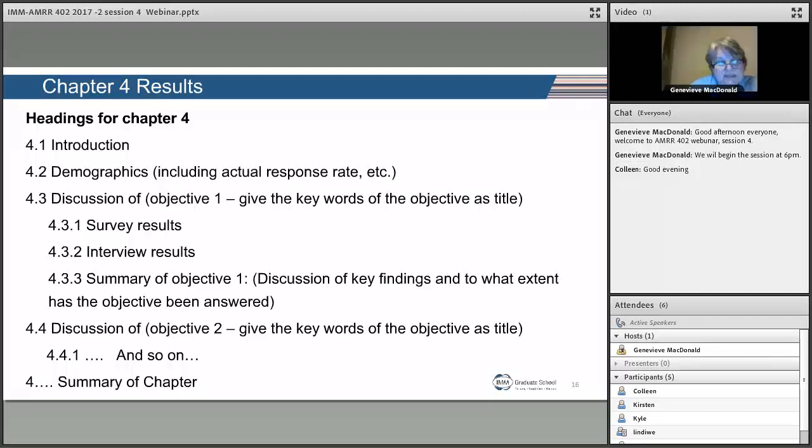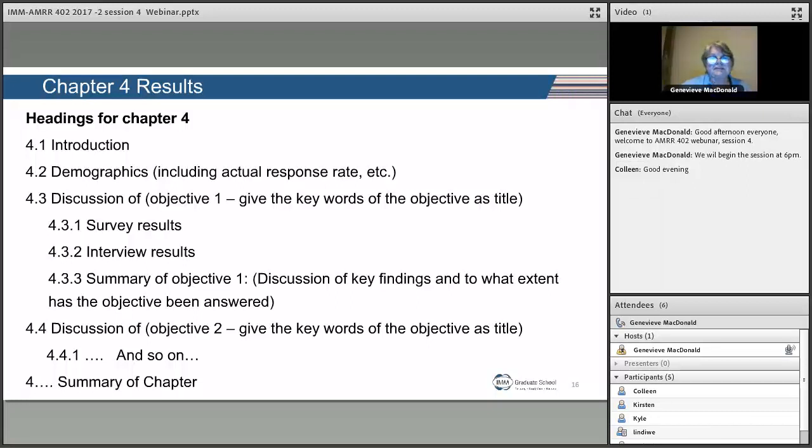And that is very important, because the key findings that you identify per objective will make it easier for you to flow into chapter 5 and consolidate those to answer your problem statement. So do not neglect the summary of each of the objectives. And then when you've done the one objective, you go on to the next objective.